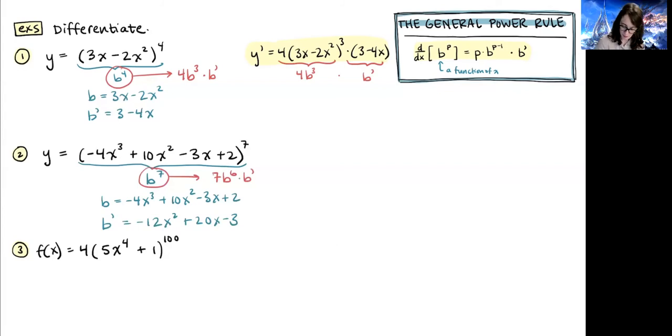So that means we put it all together, y prime, or the derivative of the whole function. Okay, we've got 7b to the 6th. So really what we're doing is bringing the 7 down and multiplying it by the whole thing here, what we were calling b.